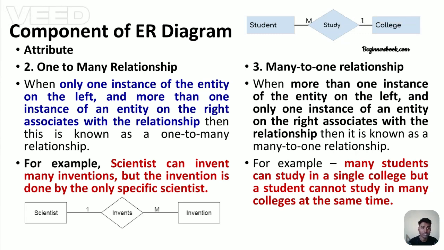And on the other hand, we have the many to one relationship. With an example, we can understand it: many students study in one college. So it is better to understand with the help of an example rather than going to a precise definition.